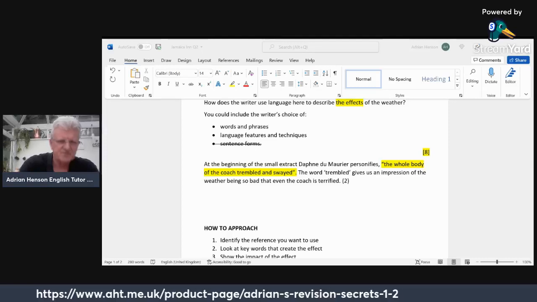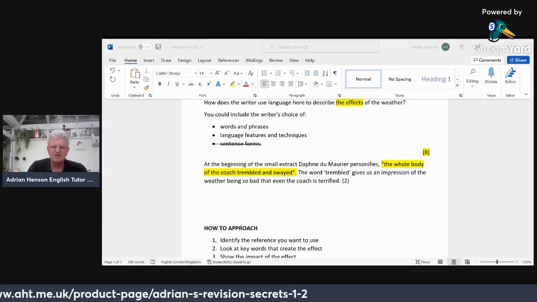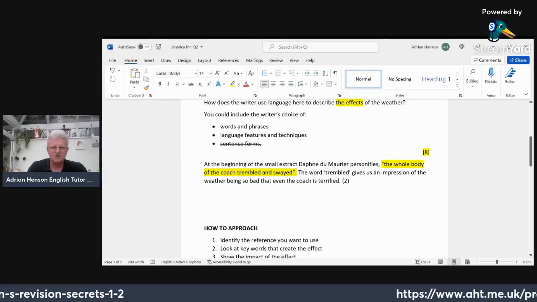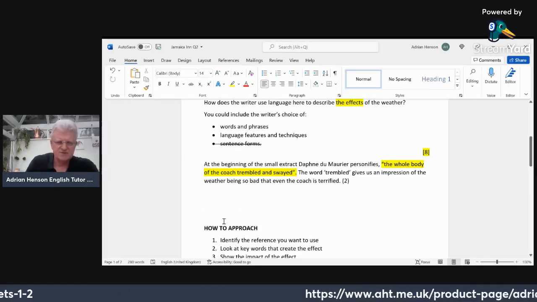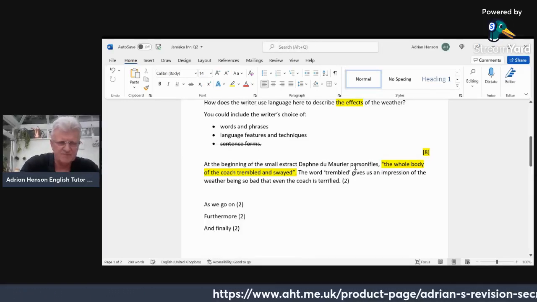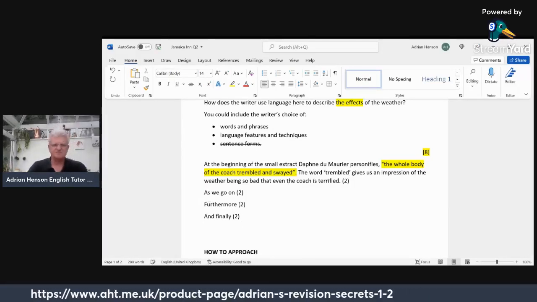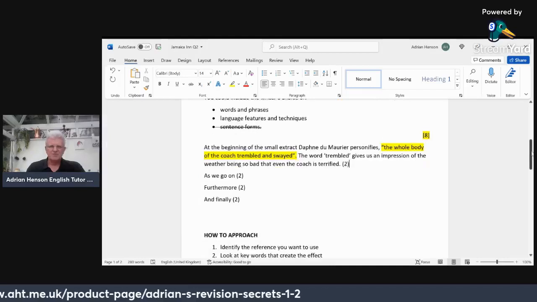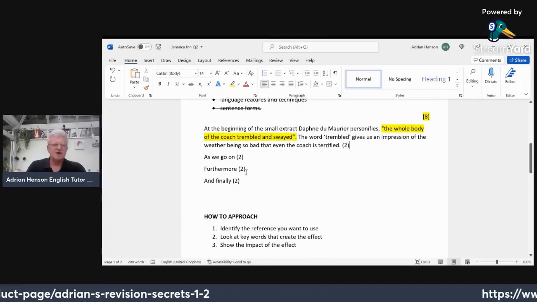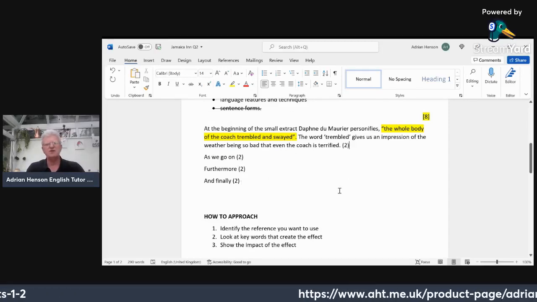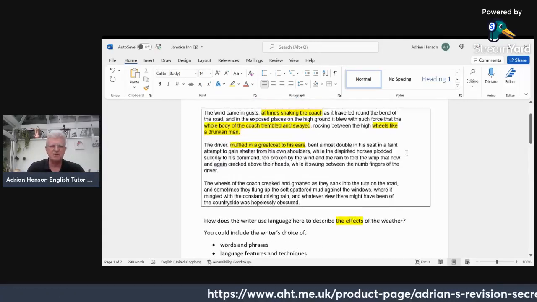So I would do 3 more paragraphs, again structuring my answer like this. So if we put that all in context now: at the beginning of the small extract, as we go on, furthermore, and finally. So we're looking at the extract up here.